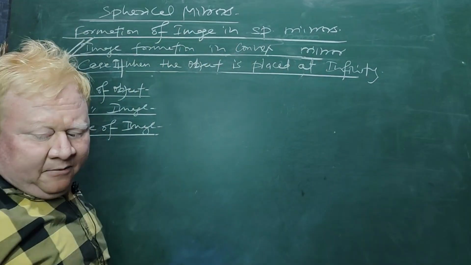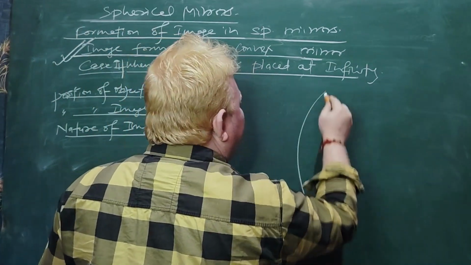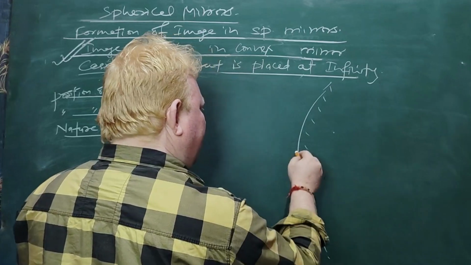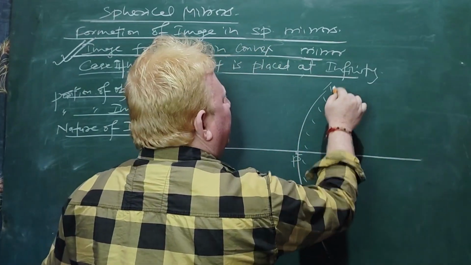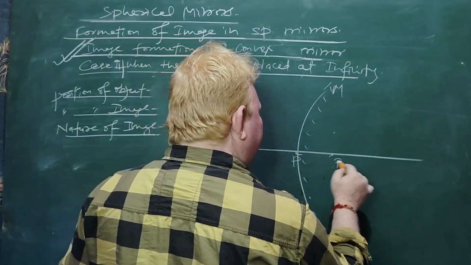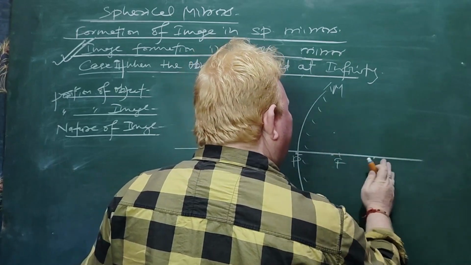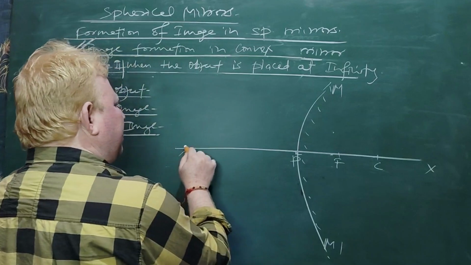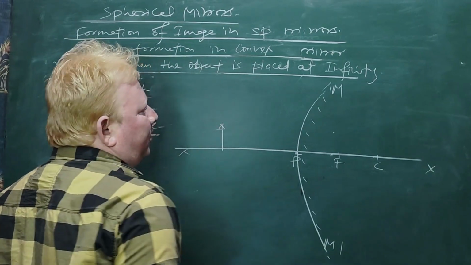So for case 2, let us suppose one convex mirror, and this is the pole, this is the focus, and this is the center of curvature, and this is the principal axis. I am considering an object placed beyond the pole.